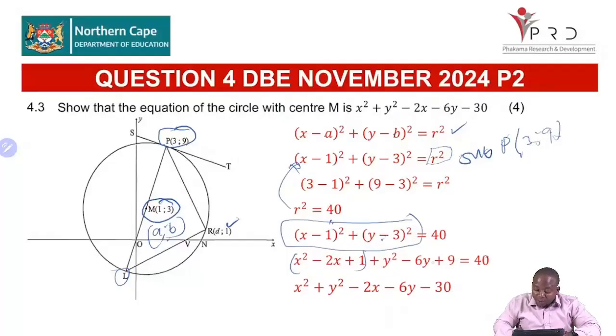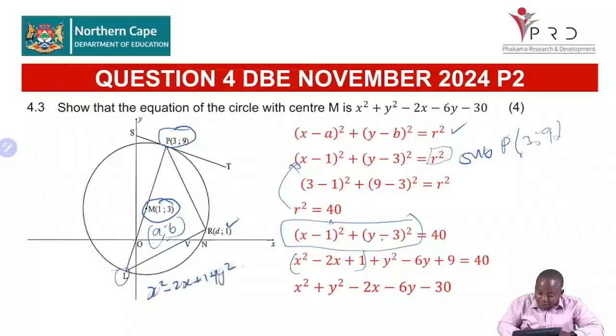Now let us see how we simplified this. So the like terms here are x squared minus 2x plus 1 plus y squared minus 6y plus 9 minus 40. So what we're going to have there is x squared. There's no like term of x squared, and there's y squared again.